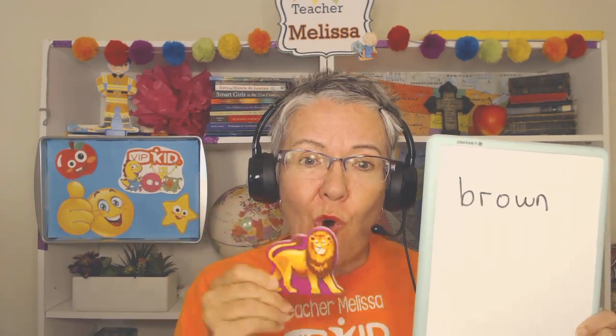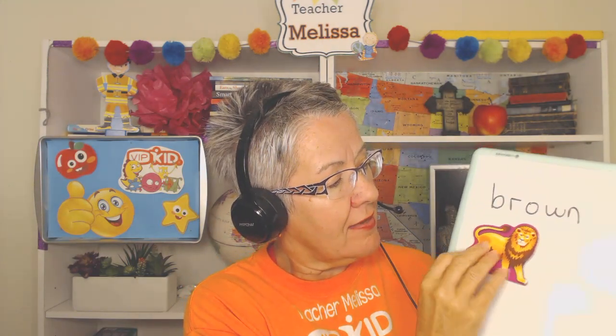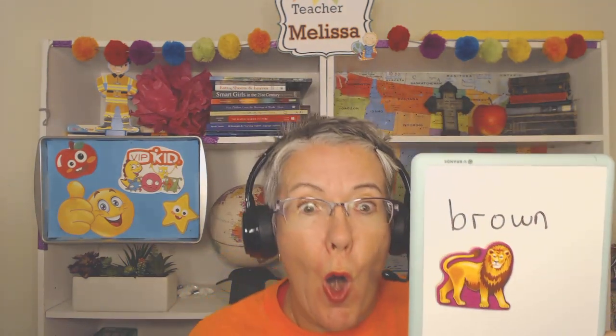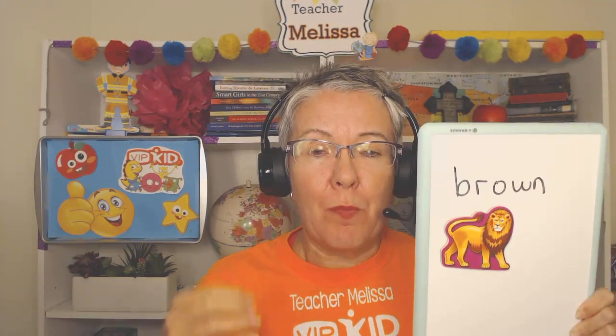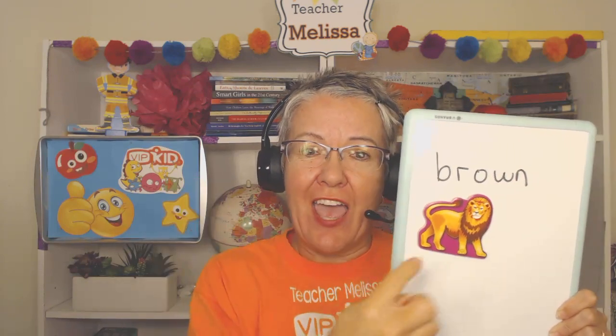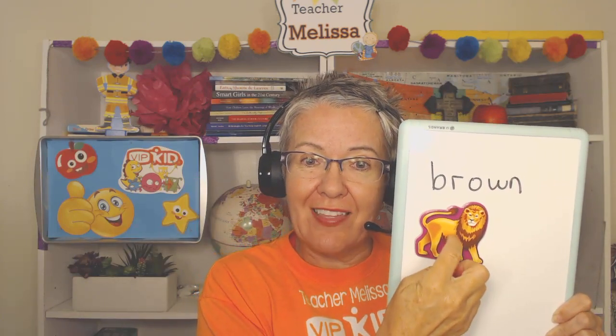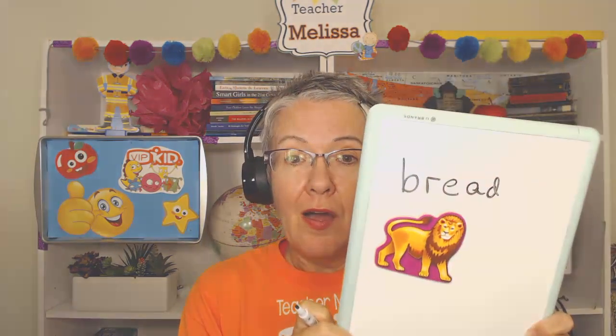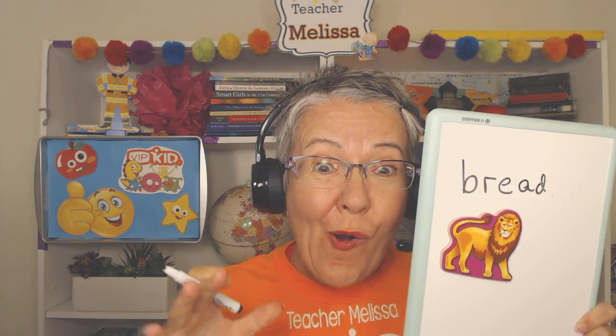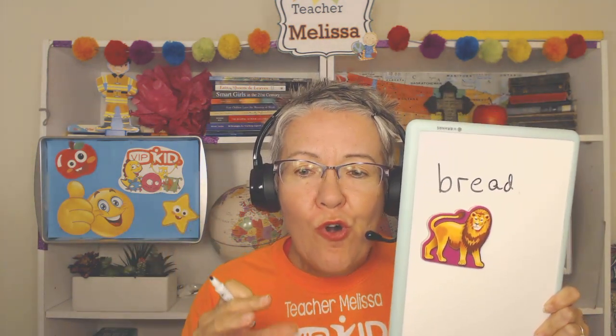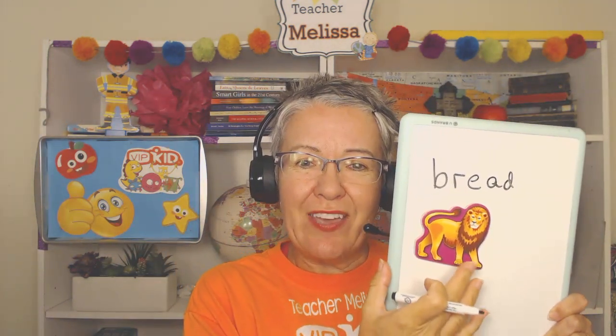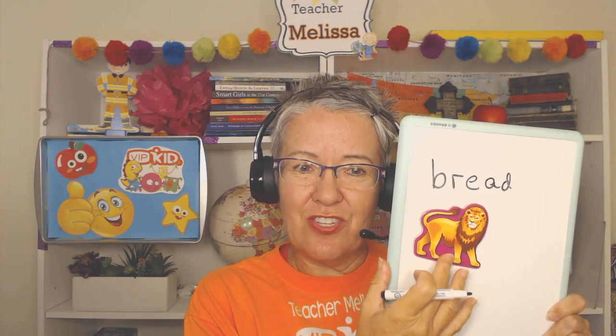I use the roar in the word like this. Brown, brown. And I really play up the fact that the lion is roaring in the word. So you can do this in just about any word with that blend in there. Bread, bread. So you can do that for this too.